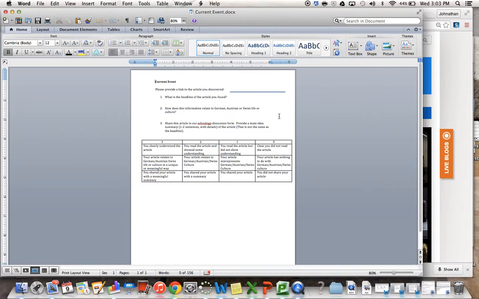For number 3, share this article in our Schoology discussion forum. So I walk them through the step of adding to a discussion forum, providing a main idea summary. I want 1 or 2 sentences of the article with details, so they're going to need to share their main idea with the link so that other students might be able to go and look at it.